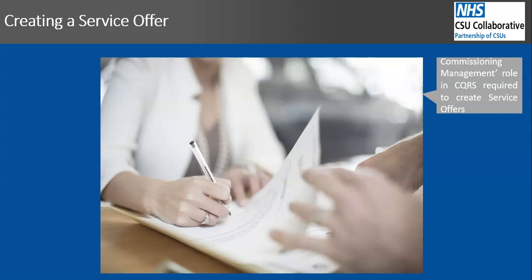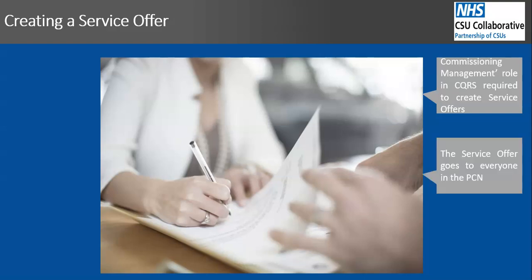You can find out more about user roles in the CQRS administration module, as well as the user roles job aid. The creation of offers for primary care networks is very similar to what you've learnt in Module 4. The only differences will be that you will not select the service providers you wish to offer the quality service to.